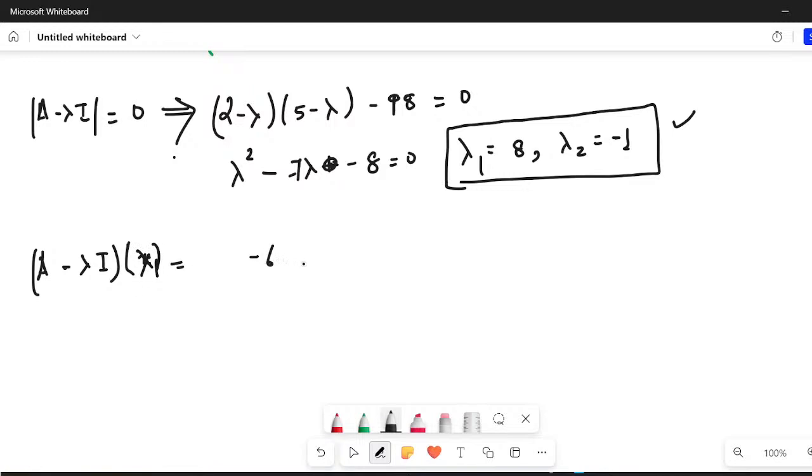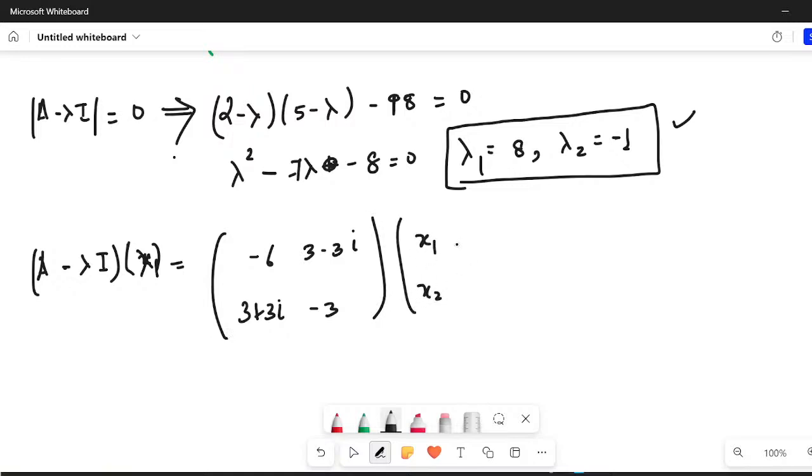it would be minus of 6 here, minus of 3 here, 3 minus 3 iota here, and 3 plus 3 iota here. And then you can write it as x1 and x2 equal to 0. And what are you going to get?